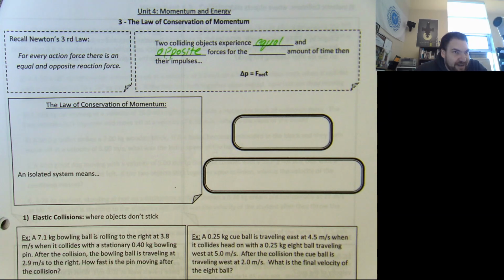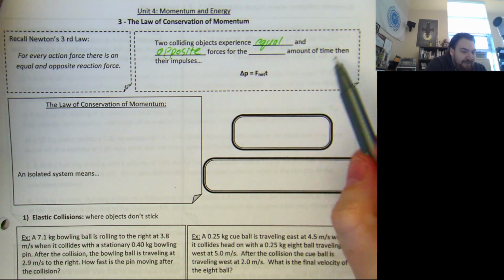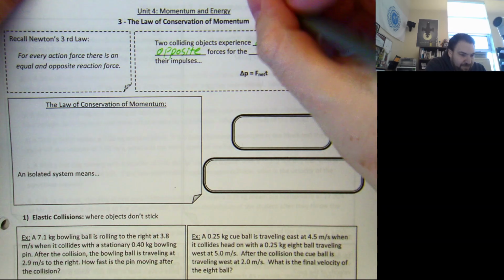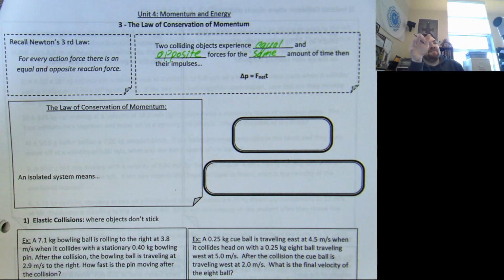And that collision, I think it goes without saying, but if the forces are equal and opposite, then the amount of time is going to be the same. You can't be in contact with an object longer or shorter than the object is in contact with you. As soon as you're no longer in contact with the object, it's no longer in contact with you. I think that's fairly straightforward, I would hope.